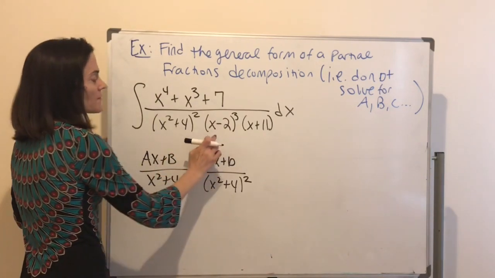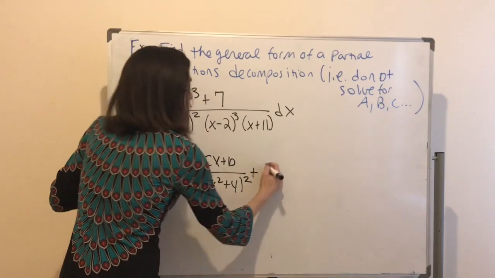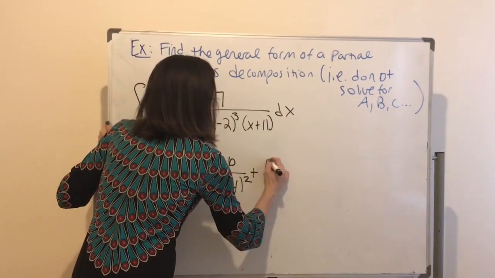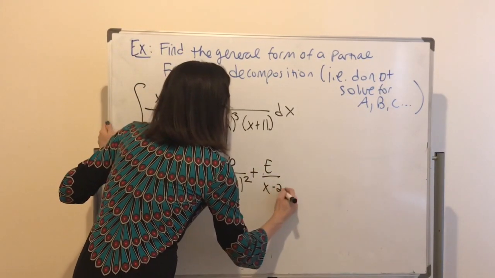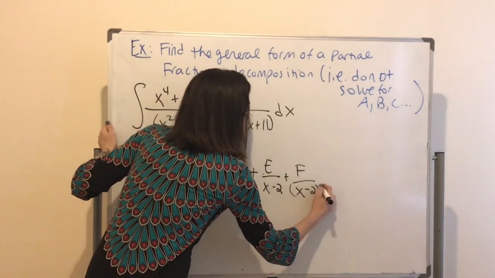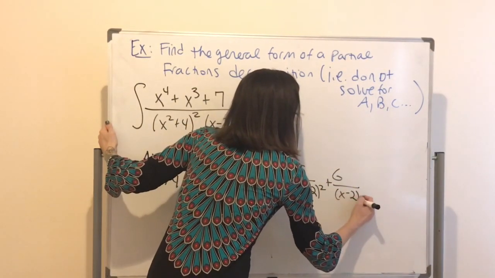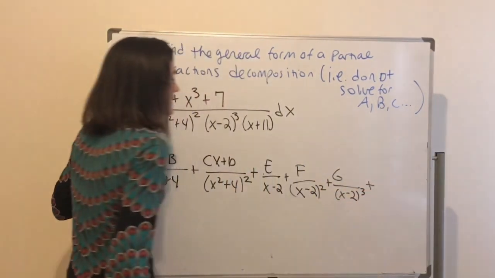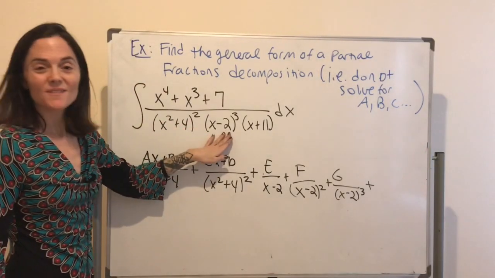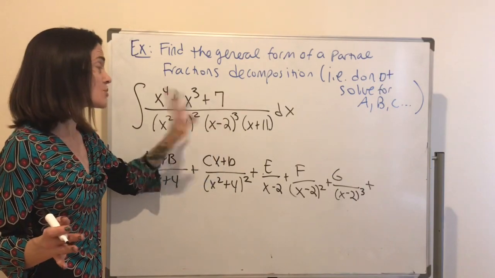Okay, now we have repeated linear. It's repeated 3 times, so we're going to have e over x minus 2 plus f over x minus 2 squared plus g over x minus 2 cubed. Those 3 terms correspond to this here because it's repeated 3 times.